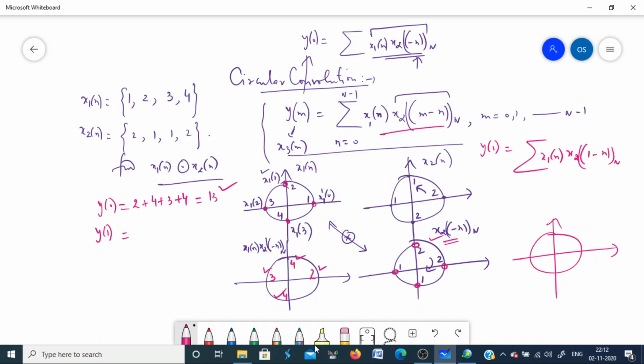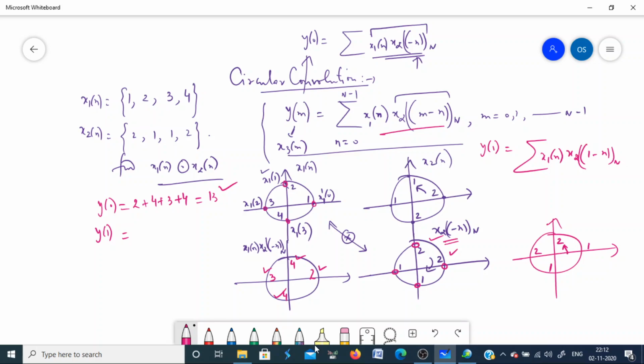So you have to now shift it. This is 2 1 1 2. If you shift it by 1, what sequence are you going to get? It will be shifted by 1 unit in this direction, so you'll get 1 2 2 and 1.